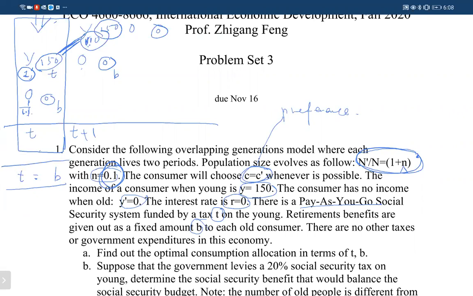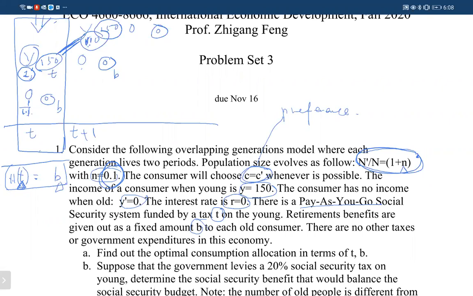And this implies that at each time period, in terms of social security, the equation must be 1.1 times T must equal B, right? So that's how the social security is going to work. So 1.1 times T is the total tax revenue we are going to collect from the young.